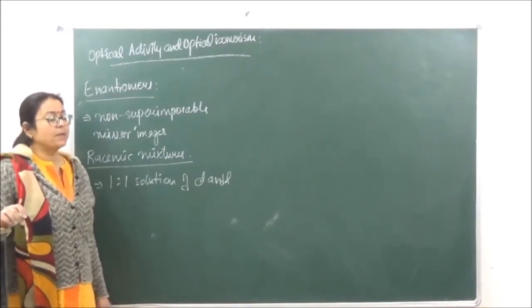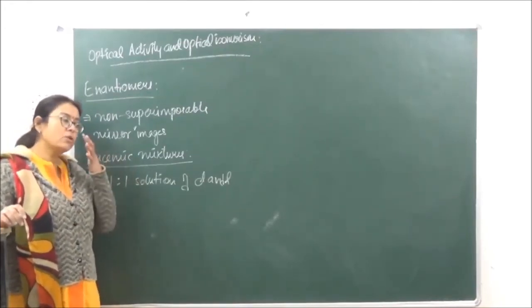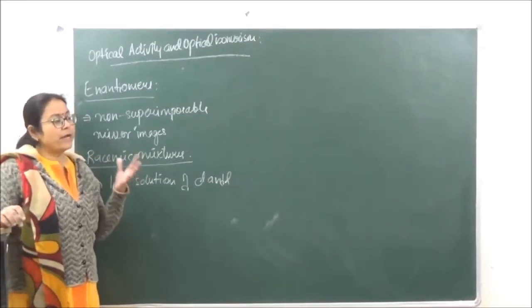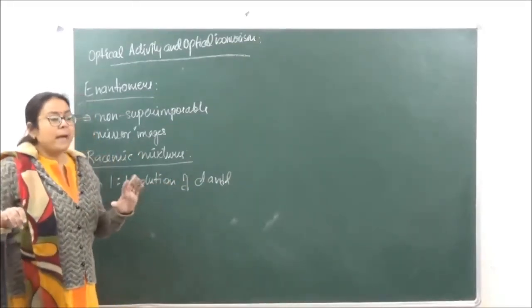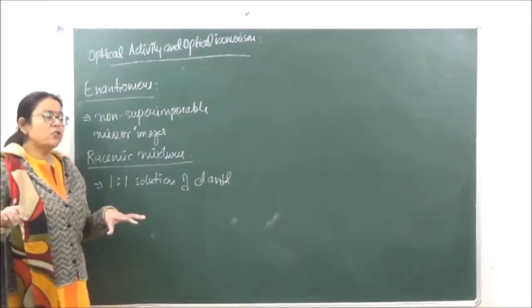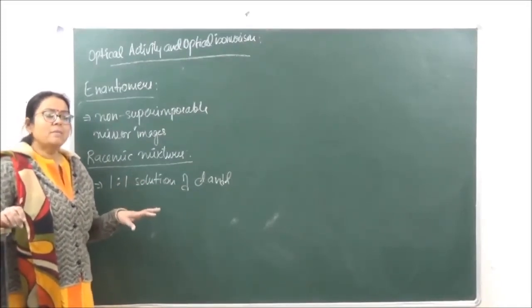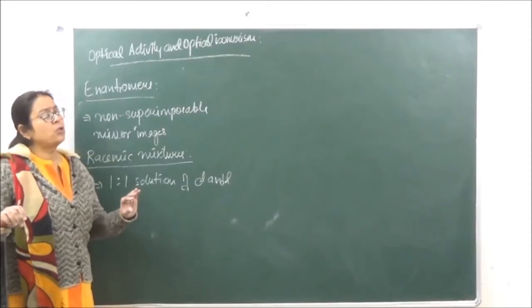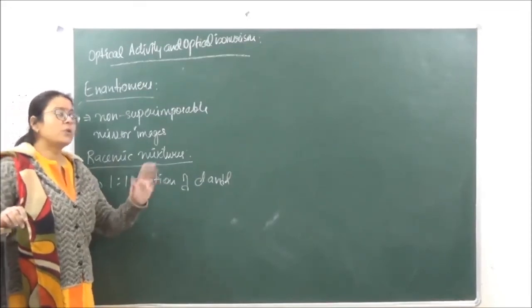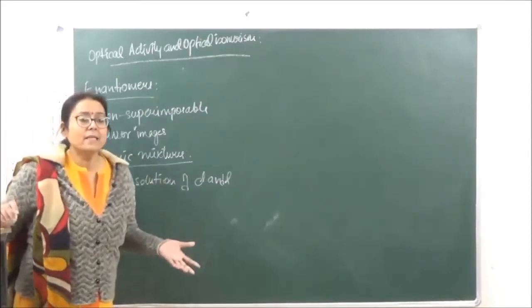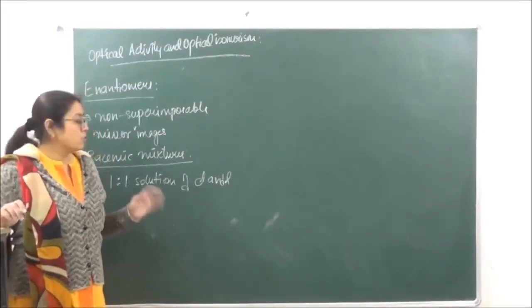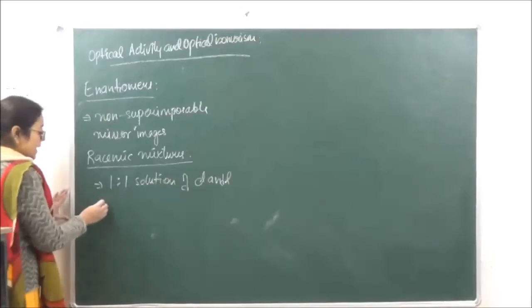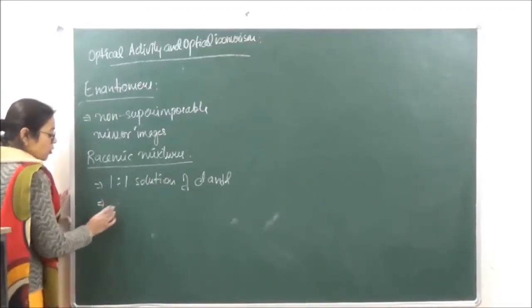Now what will happen? If any substance is rotating the plane of polarized light towards right, and we have mixed into it a substance which is rotating the plane of polarized light to the same angle towards left, the net effect is going to be equal to 0.